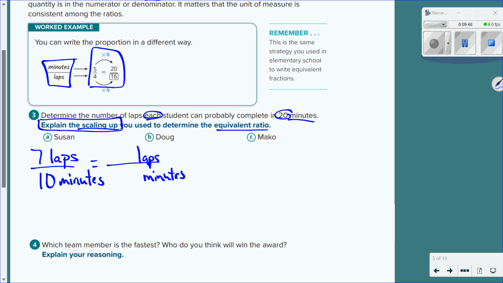If I have my labels already in place, it should make this very easy because now I look and it says 20 minutes, right? So, where am I going to put the 20? Is it in the numerator or the denominator? The denominator. If you've written your labels, it's a no-brainer, guys. Because it literally says right here, minutes.